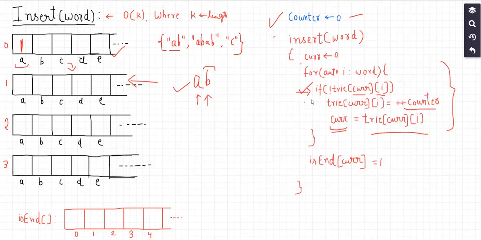B is not present. So I increment my counter by 1 and mark B with 2. It simply says, okay, B is present here. If you want to find the next character, then move to the next node. That's what this 2 is saying. And I move my current to node 2.